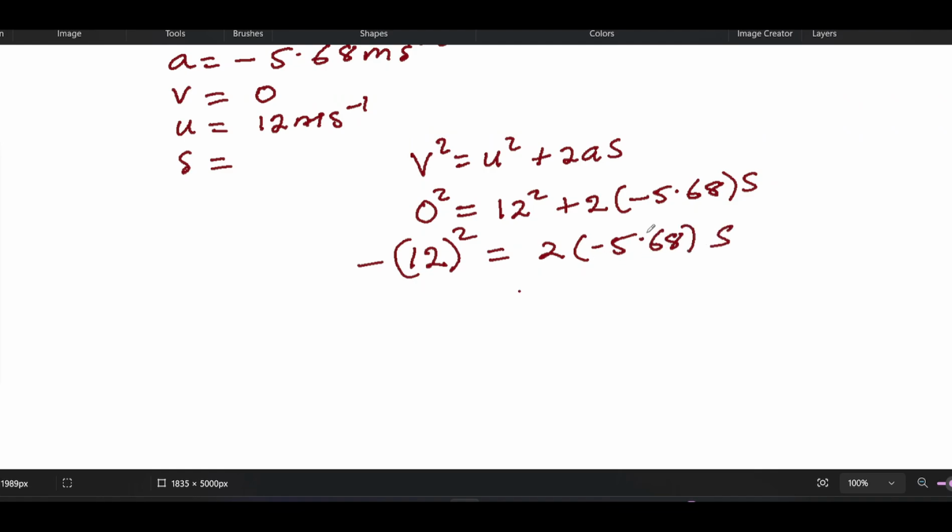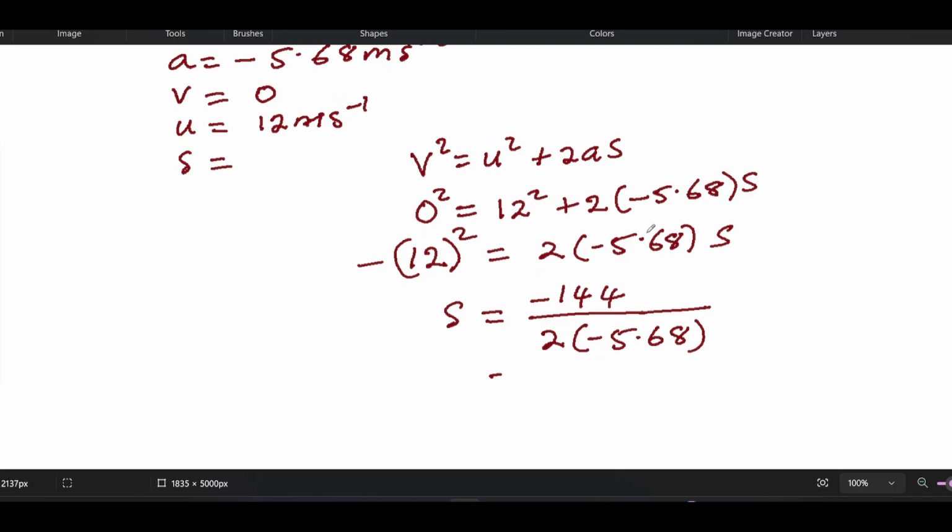A good rearrangement of this will give you s equals minus 144, take note the minus sign is outside, so the 144 remains what it's supposed to be, divided by 2 into minus 5.68.